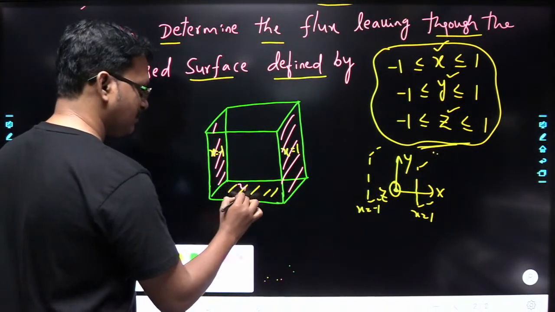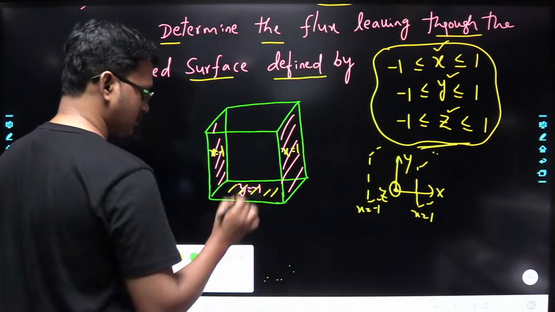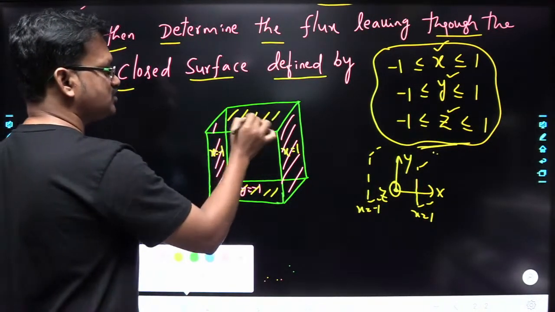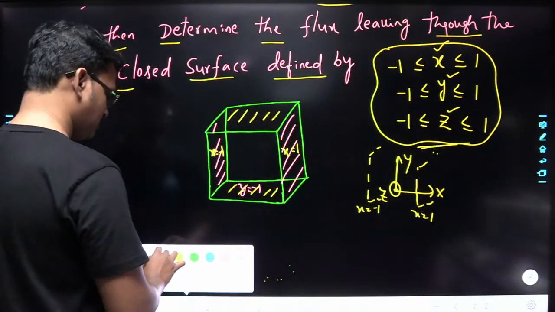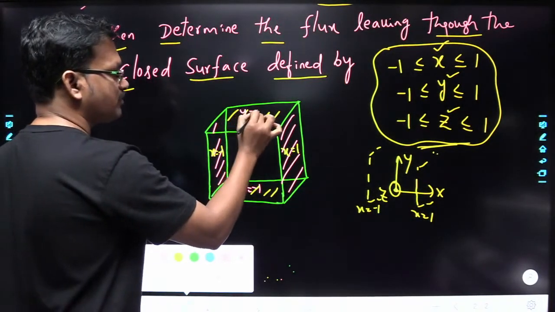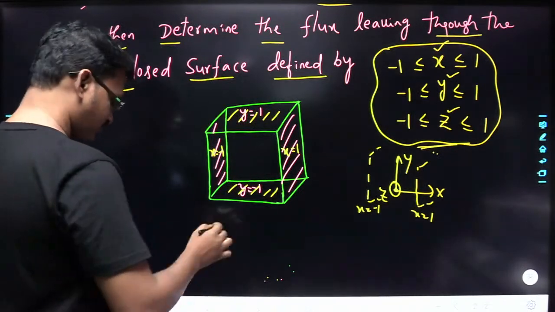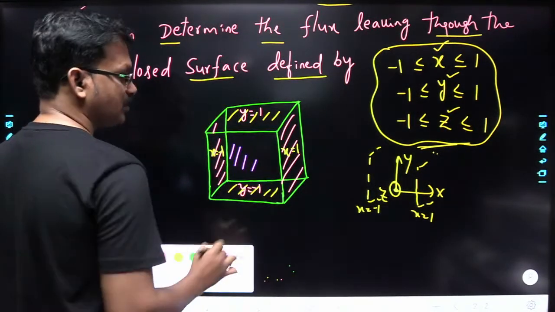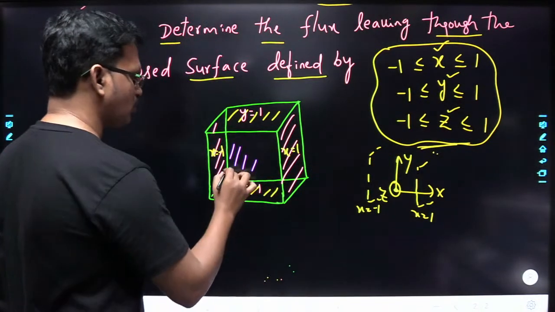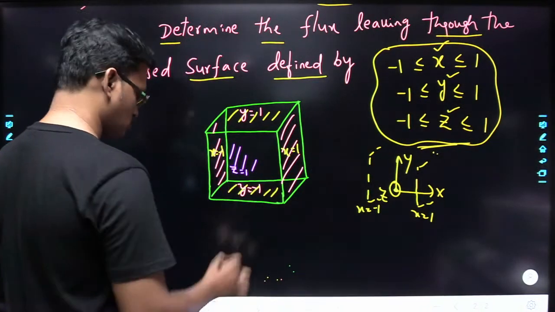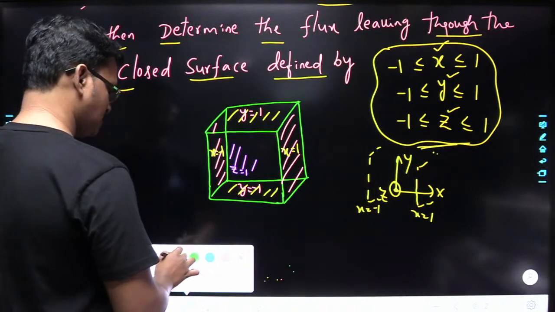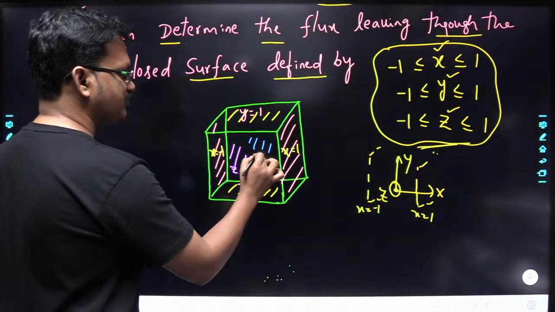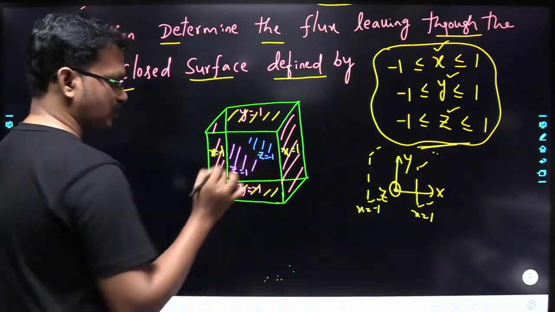So this plane will be y equal to -1, and this plane will be y equal to +1, right? And the front surface is z equal to 1, and the back surface is z equal to -1, right?